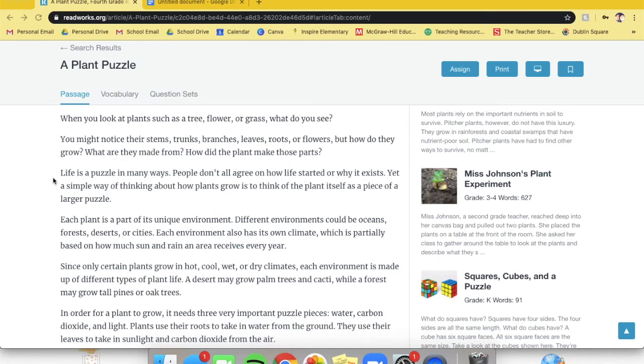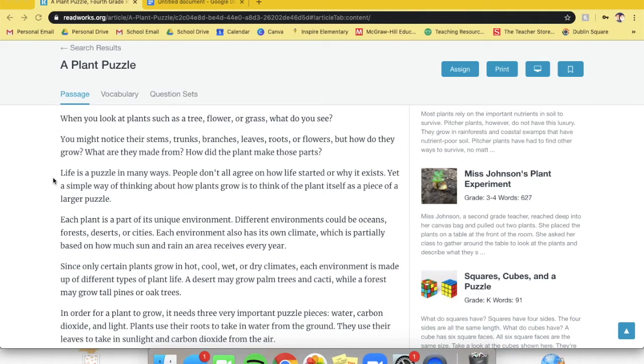Life is a puzzle in many ways. People don't all agree on how life started or why it exists. Yet a simple way of thinking about how plants grow is to think of the plant itself as a piece of a larger puzzle. Each plant is part of its unique environment. Different environments could be oceans, forests, deserts, or cities.